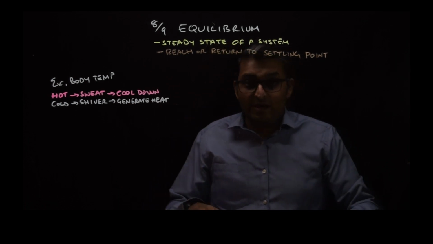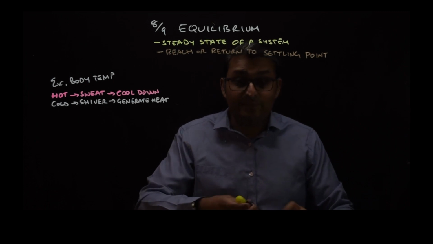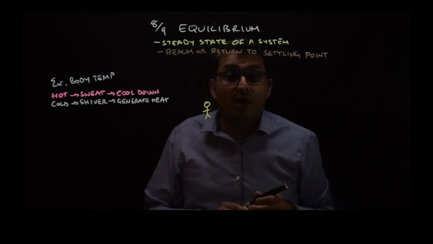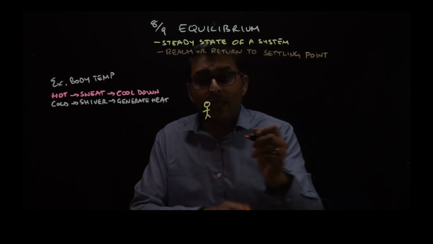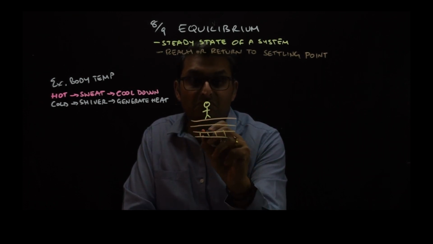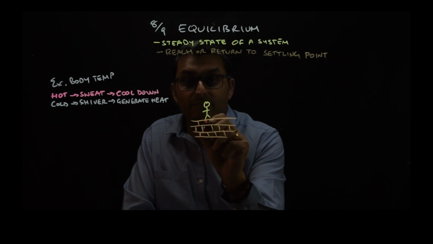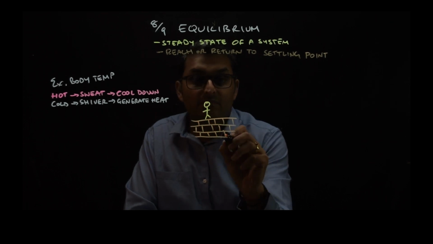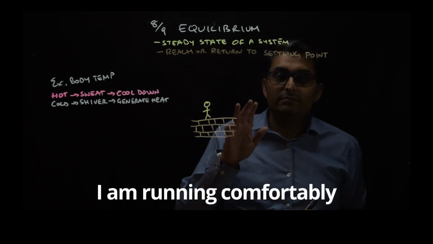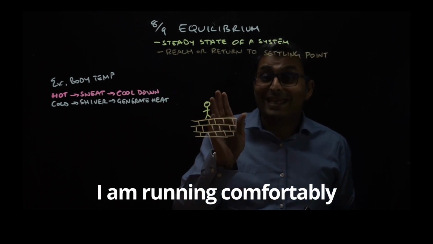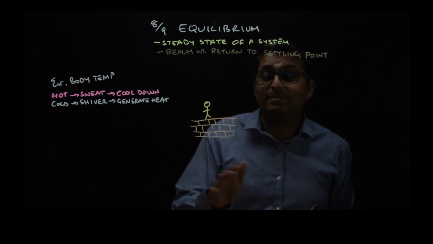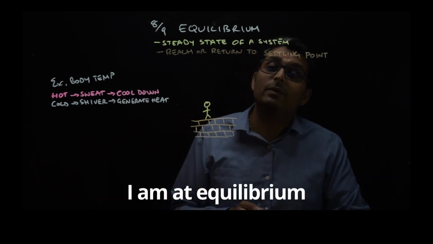So I know it's hard to believe, but let's say hypothetically I am doing some parkour and I am running on a wall, and the wall is flat. The wall is flat and I am running comfortably. I am at equilibrium, even though it doesn't look like it, because I'm able to maintain a steady speed and I'm running comfortably. I am at equilibrium.